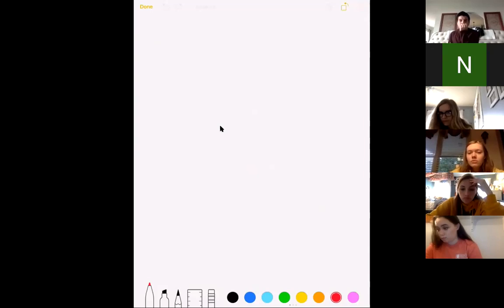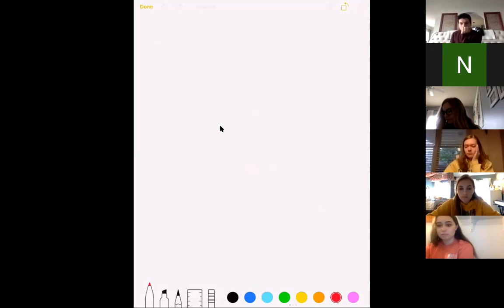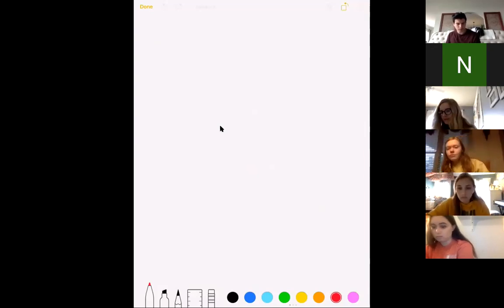The next one is about a runner, and his distance north of the center of the track is given by the following function, where t is measured in seconds. How long does it take the runner to complete 1 lap? What does it mean by how long does it take the runner to complete 1 lap? What are we looking for? The period. Yep.